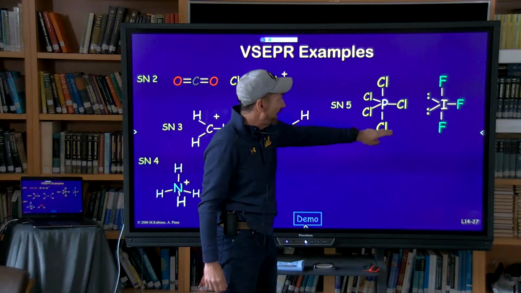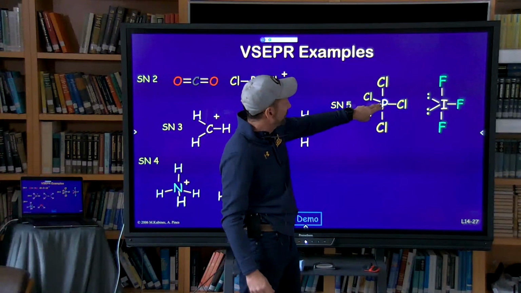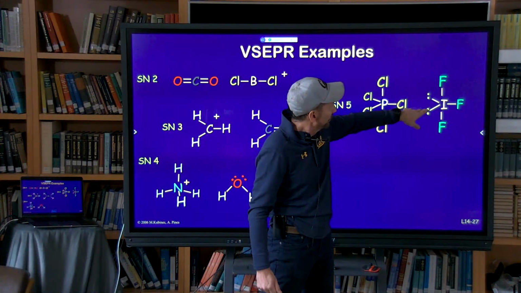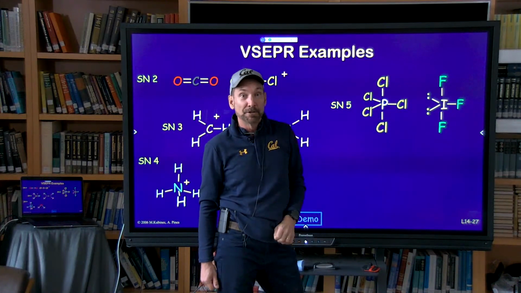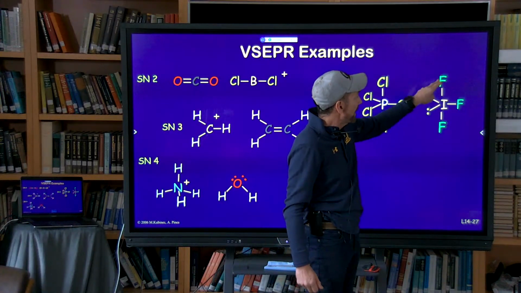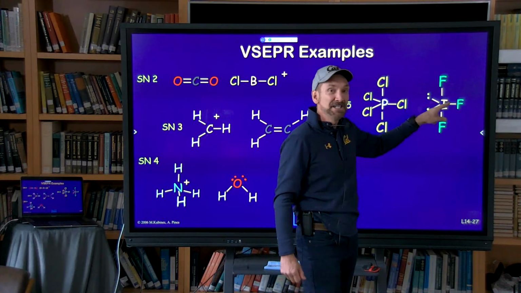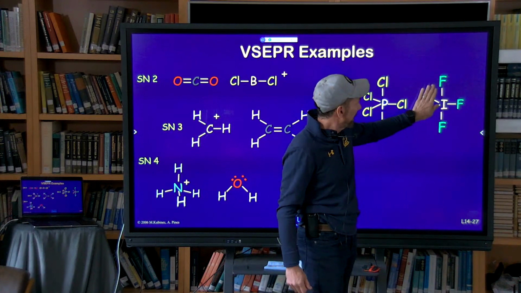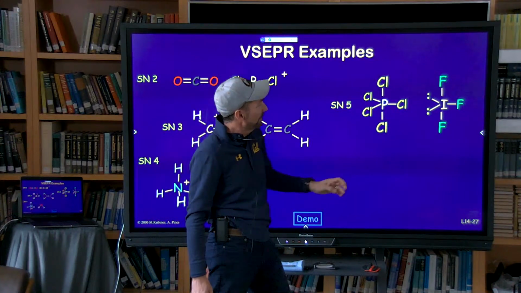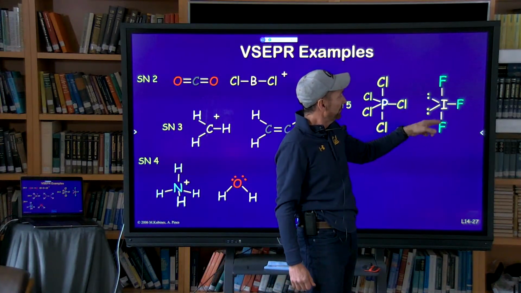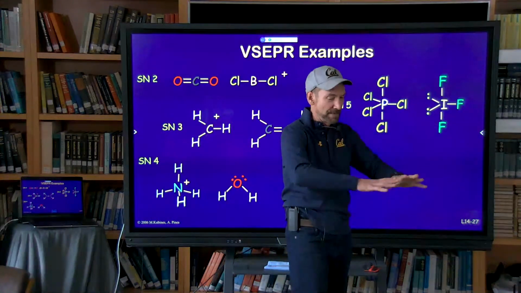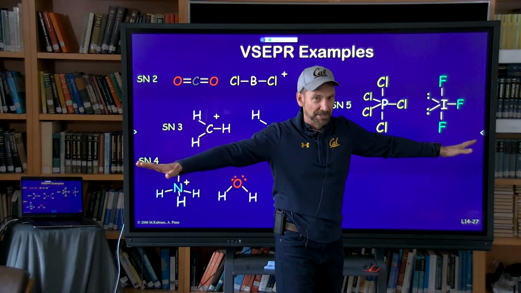There's steric number 5, and steric number 5 could be a trigonal bipyramid. Everything could be an atom. Here, 2 of the steric number 5 are lone pairs, so it's iodine trifluoride in a T shape. Take that away, and it just looks like a T. You might have said, well, why didn't you put the 2 lone pairs top and bottom and make it trigonal planar?